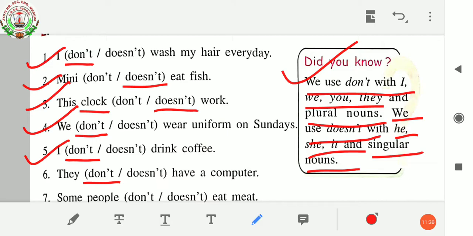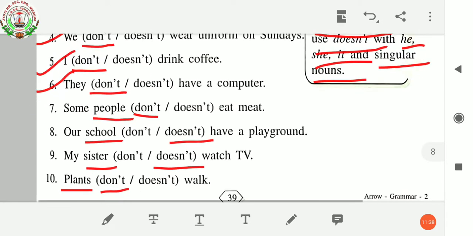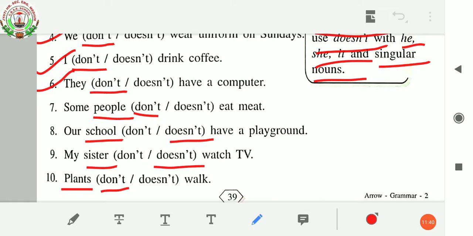Sixth, they don't have a computer. Seventh, some people don't eat meat. Eighth, our school doesn't have a playground. Ninth, my sister doesn't watch TV. And the last one, tenth, plants don't walk.